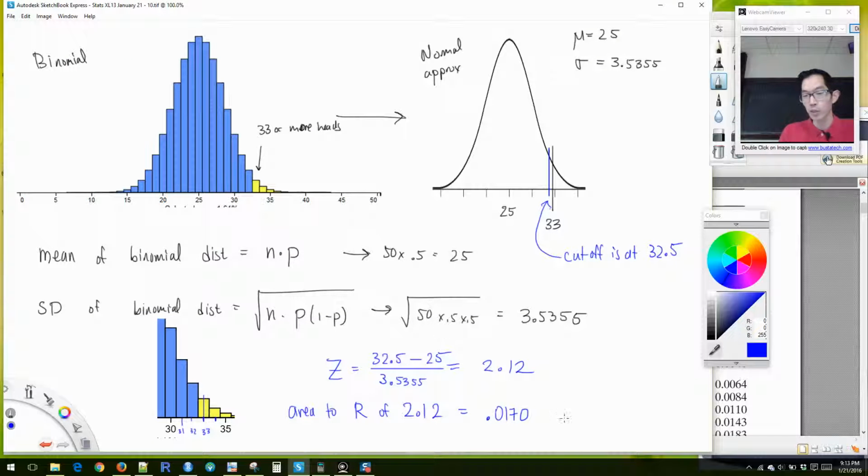So this compares favorably to the exact probability of 0.0164. The normal model does a pretty good job of approximating it.